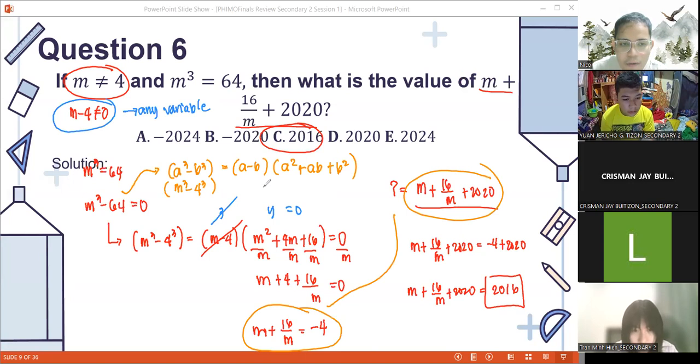Because y is equal to 0. If it's 5y is equal to 0, you can cancel 5. If it's 6y is equal to 0, you can cancel 6. If it's 7y equal to 0, you can cancel 7, right? It's just that logic, okay? So in short, if m is not equal to 4, or m minus 4 is not equal to 0, you can just simply cancel that value to simplify it. Okay?